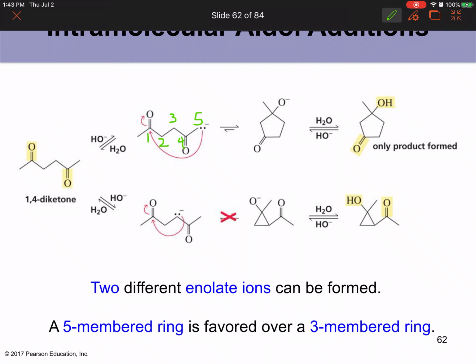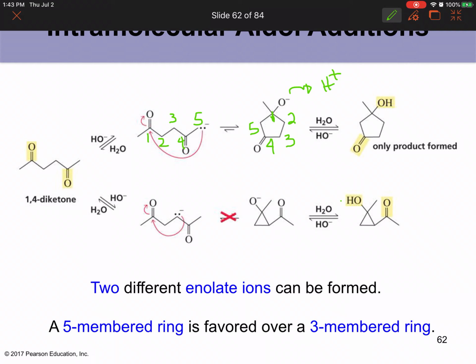So this is going to be your number 1 carbon. You can follow number 1, and 2 would be this, 3 would be this, and on the 4th position you have the carbonyl group, and 5 and 1 made the bond. Do you see that? And then when you add water, this is going to grab the hydrogen from the water, and then it forms this product, one product formed.